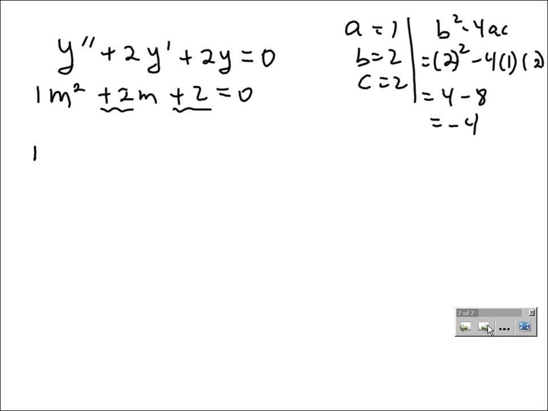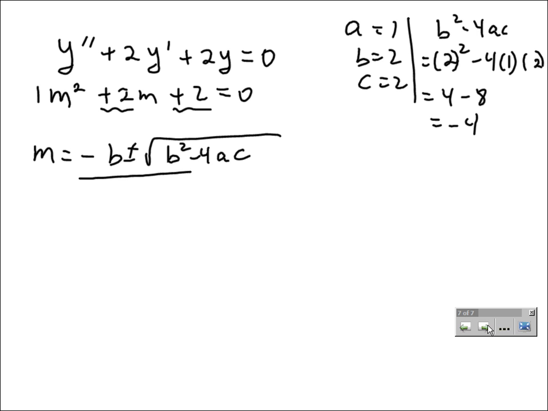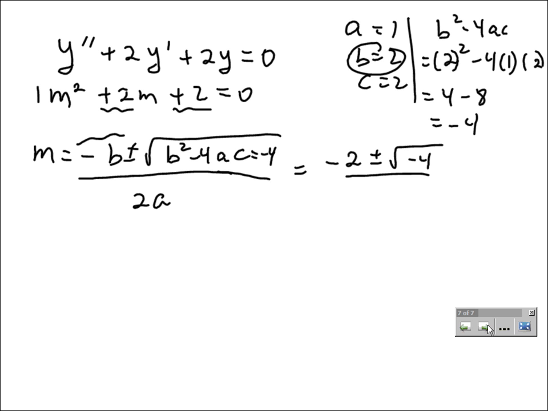Now remember, m is going to be -b plus or minus the square root of b squared minus 4ac, all over 2a. And please remember, we just calculated b squared minus 4ac. So we're going to get negative b, b is 2, plus or minus the square root of, in our case, negative 4, over 2 times a. So if a is 1, you get 2.